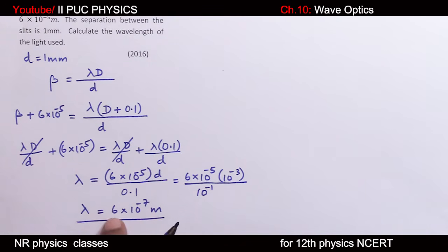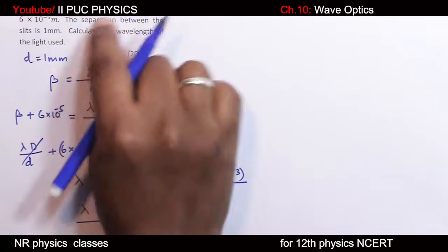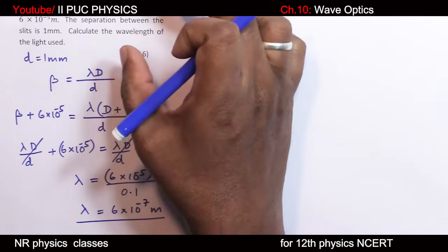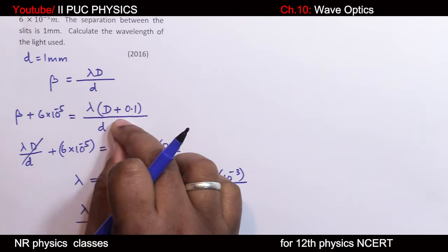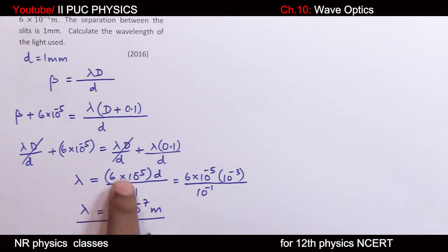So lambda is 6 × 10^-7 meter. When you go through the problem, don't panic. According to the given statement, try to write equations and, using high school mathematics, try to solve.